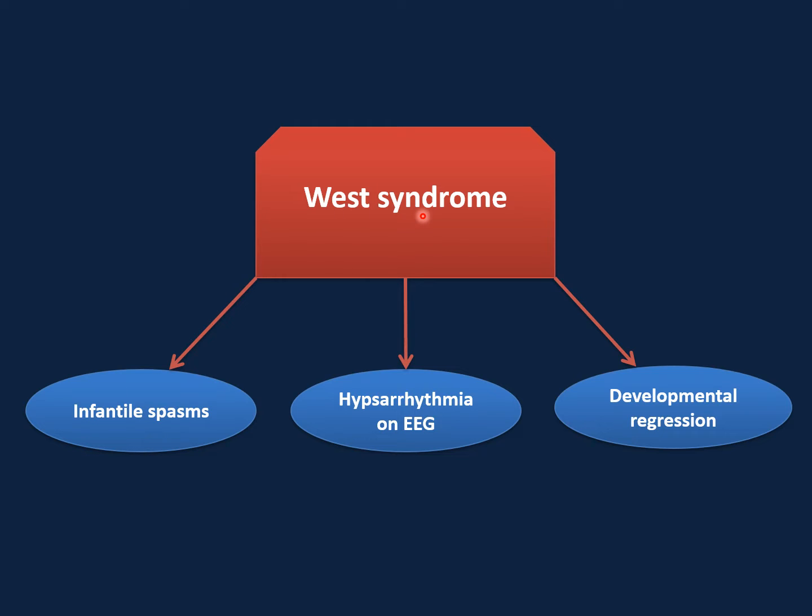West syndrome has 3 criteria: infantile spasm, hypsarrhythmia on EEG, which is high amplitude spike and waves on an irregular and chaotic background, and the third component, developmental regression. So West syndrome is infantile spasm, hypsarrhythmia on EEG, and developmental regression.